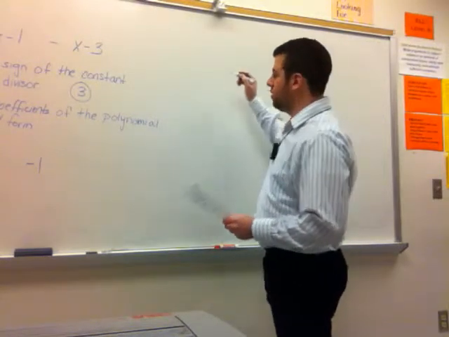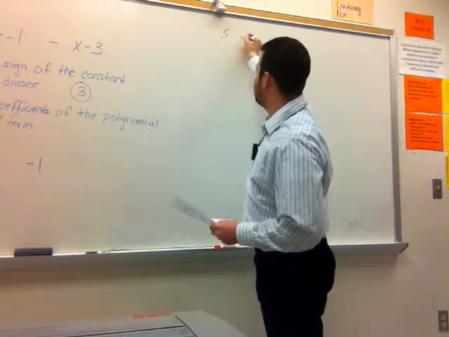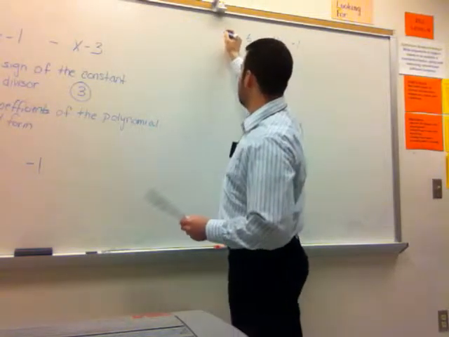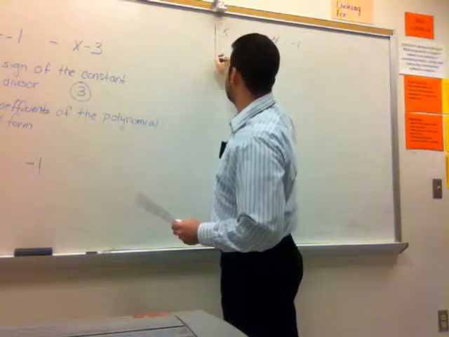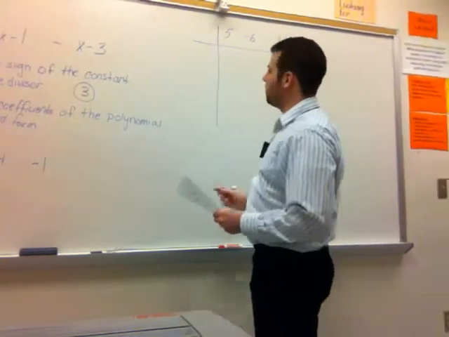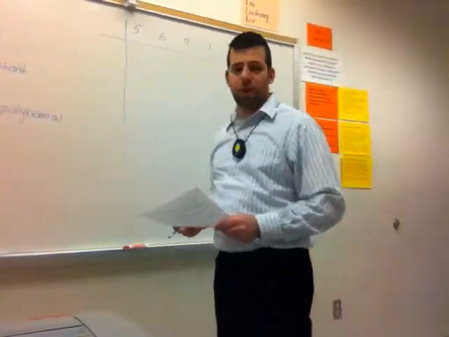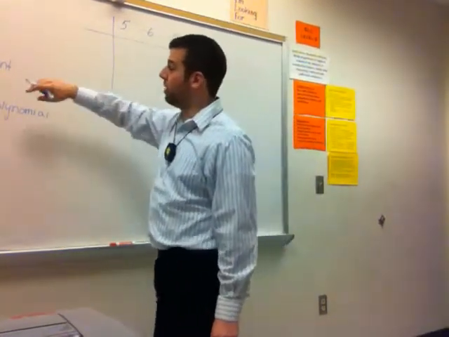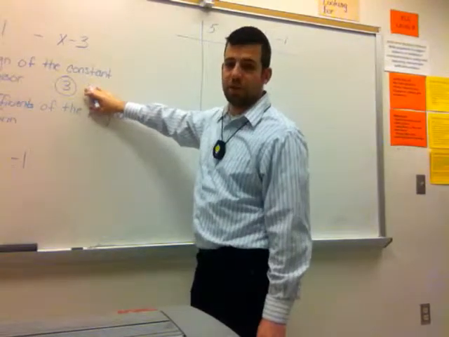So again, we had 5, -6, 4, and -1. And we're going to block these off with a T-type chart. On the upper left-hand side is where we're going to put our divisor, our 3.